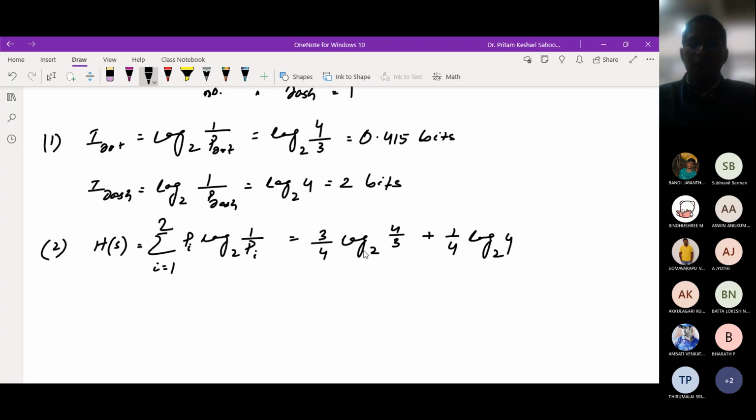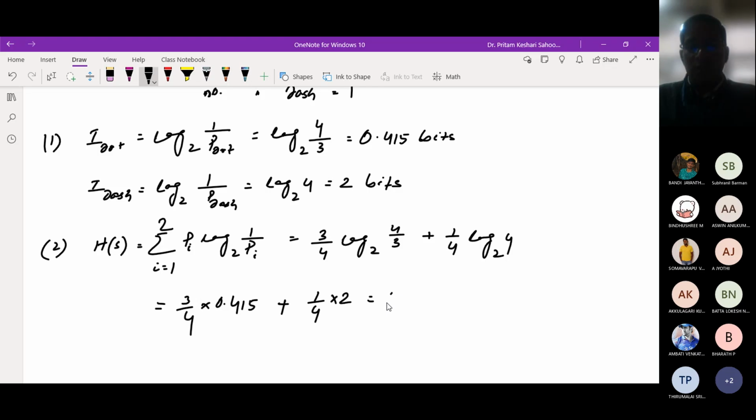I have written it directly. I hope you followed my steps. We have calculated 3 by 4 log base 2 of 4 by 3 as 0.415, then plus 1 by 4 times 2, which is 2. So how much answer have I got?